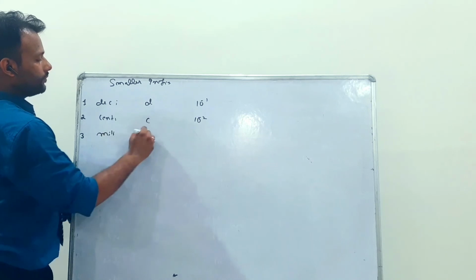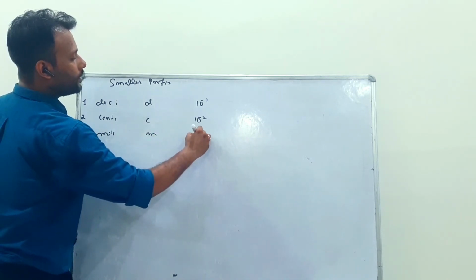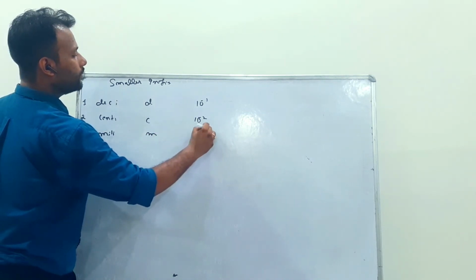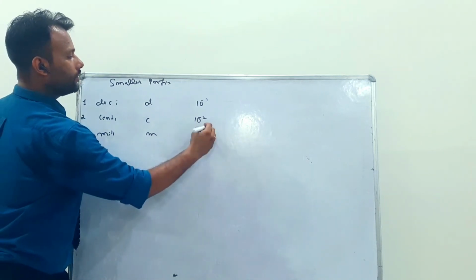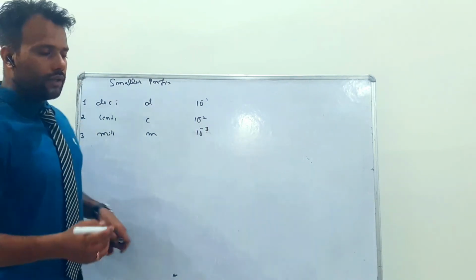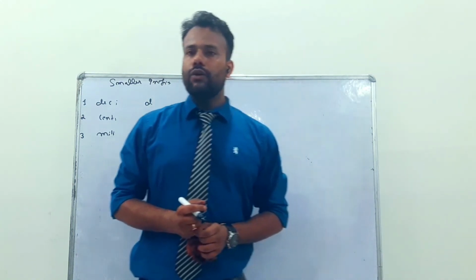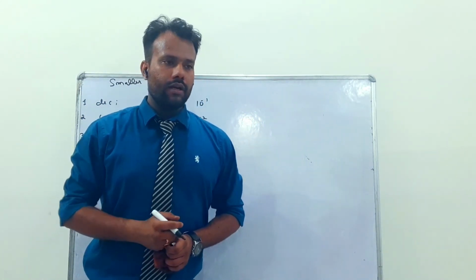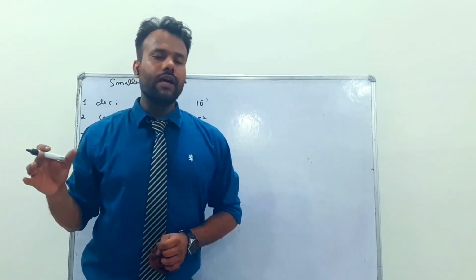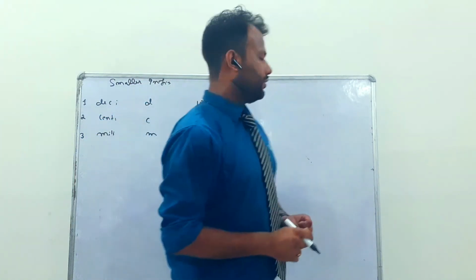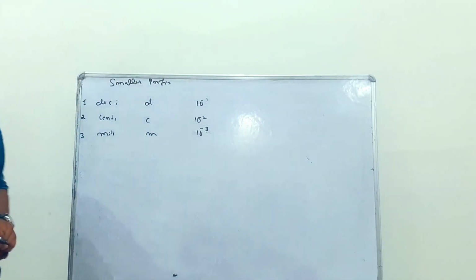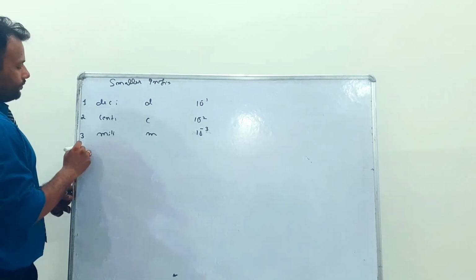Milli, m, 10 to the power minus 3. Like suppose in the question it is given that the length between 2 points is in millimeter. I can't use millimeter directly. First we have to convert it into meter by multiplying by a factor 10 to the power minus 3.